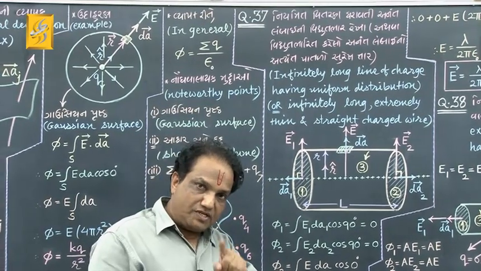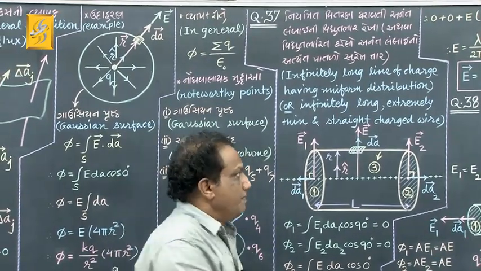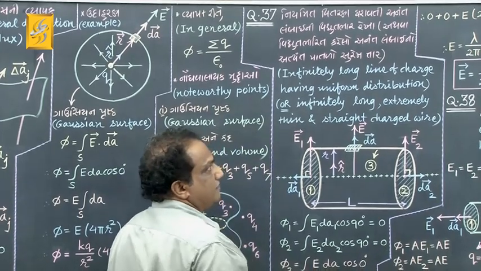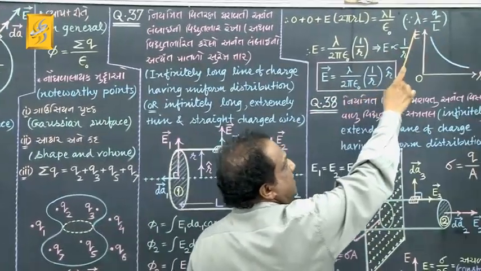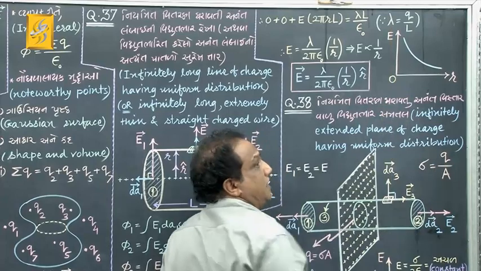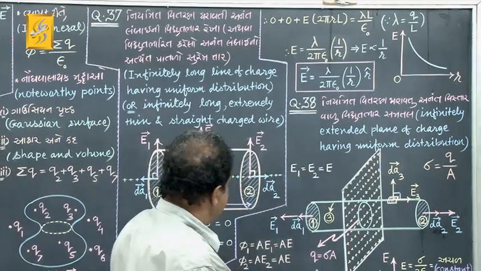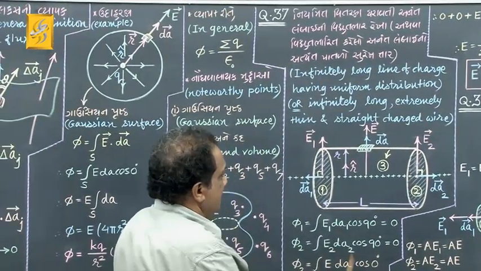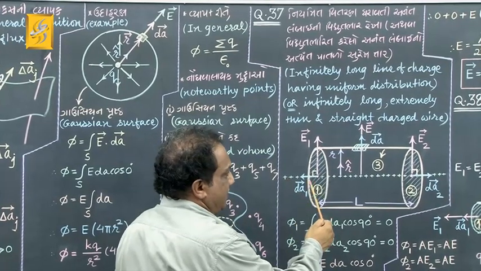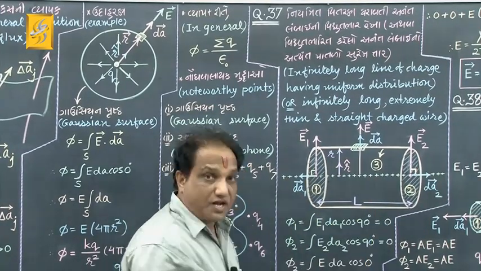If the charge distribution is linear and uniform, then the linear charge density lambda will be constant throughout the length, correct? Fine. Now, we would like to find out the electric field produced by such a line of charge.